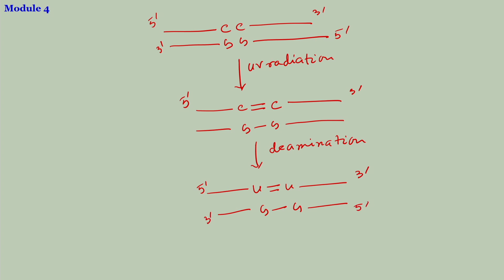And now comes the important point, that when you go for further replication with this, see in one case this will be divided into two individual single strands through the replication fork of course, and this should be acting as one template, and on top of it the new DNA would be synthesized by the set of replication enzymes.